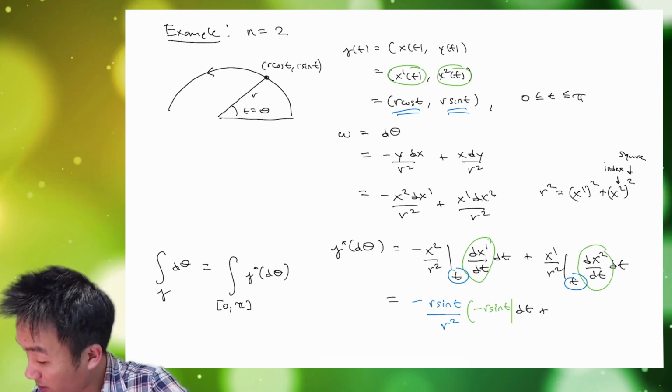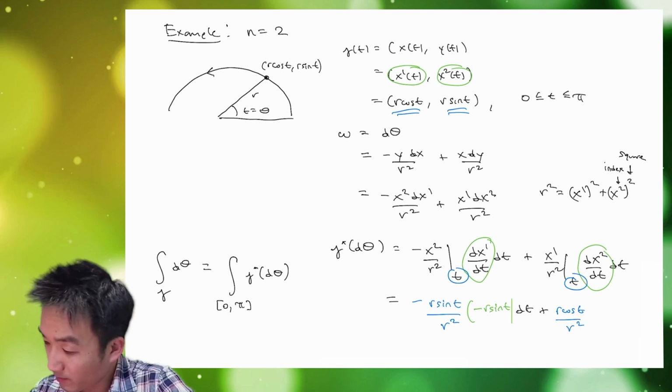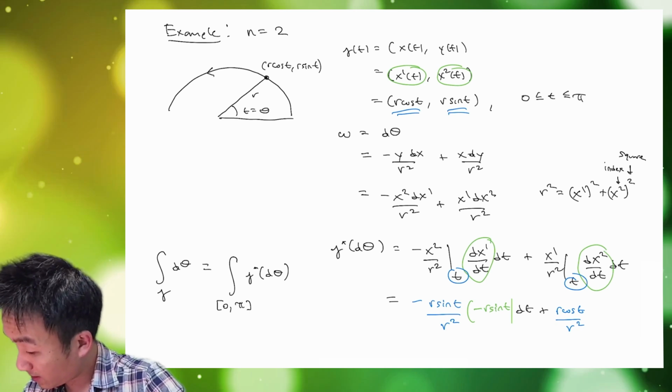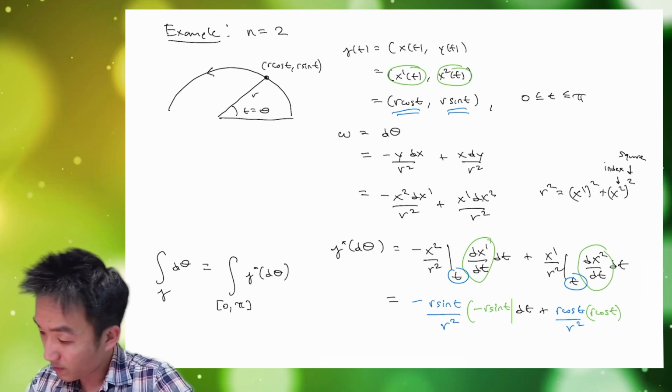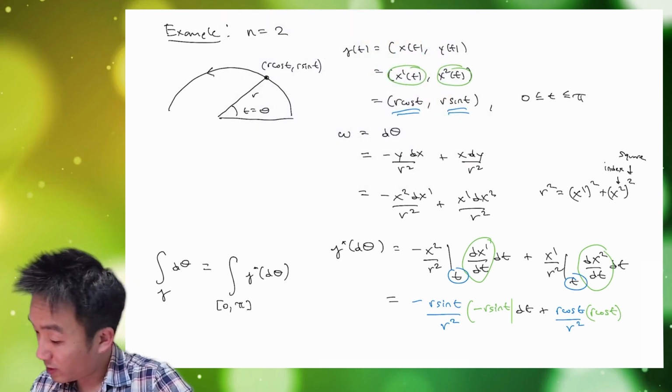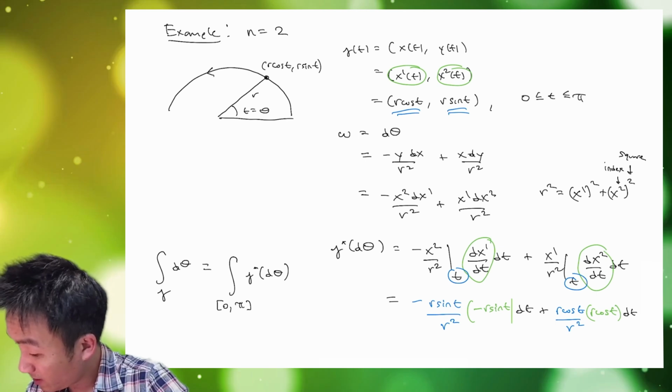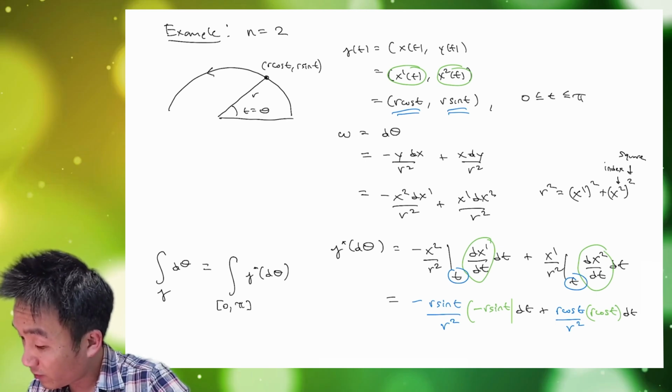And then the x1 is going to be the r cosine t, r squared. And then the dx2/dt, that's going to be r cosine t, because we're differentiating sine, which is cosine. And likewise, for the dx1/dt term, we differentiated cosine, which is why we got minus sine.